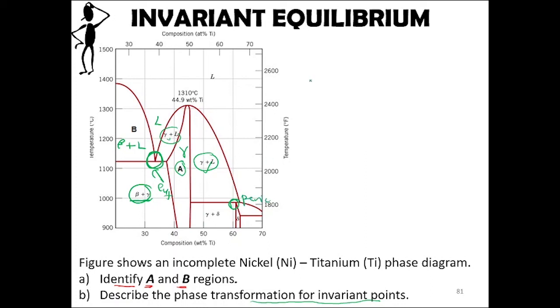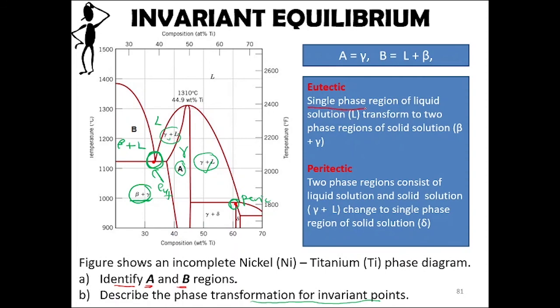For eutectic, a single phase region of liquid transforms to a two phase region of solid. For peritectic, a two phase region consisting of liquid and solid solution changes to a single phase region of solid solution.